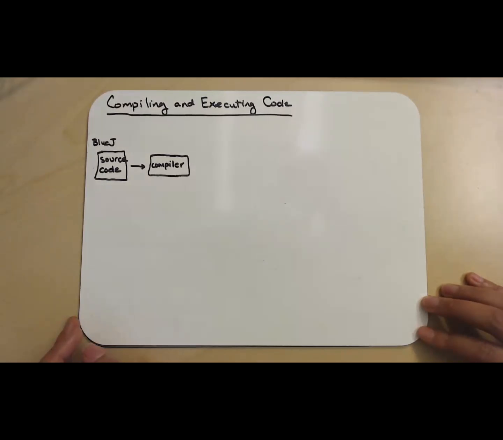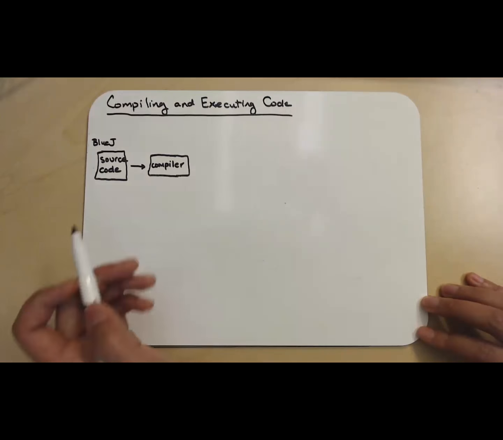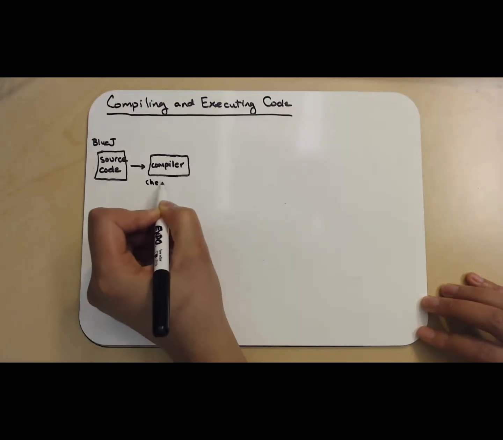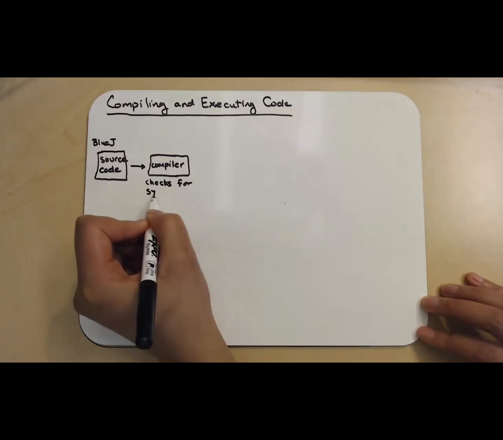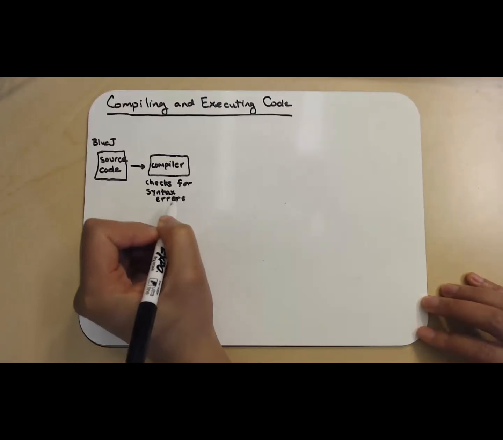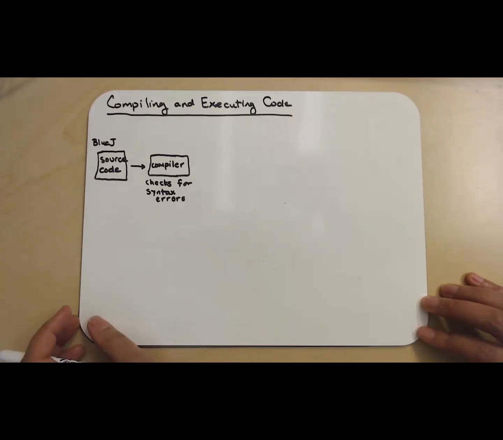It scans through your source code and makes sure that you have no syntax errors. The whole point is to check for syntax errors. All of you are very familiar with the compiler because at this point you're probably getting lots of syntax errors. The compiler may kick your code back and say, sorry, you've got some errors. Do not pass go, do not collect $200. So you have to go back.